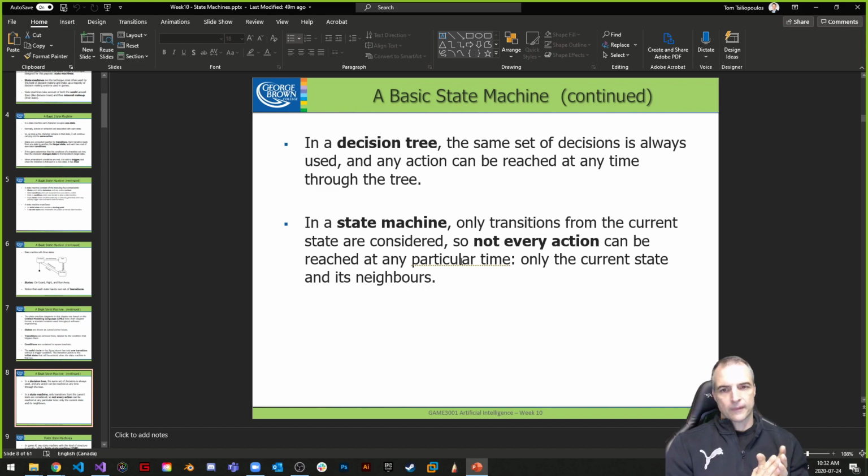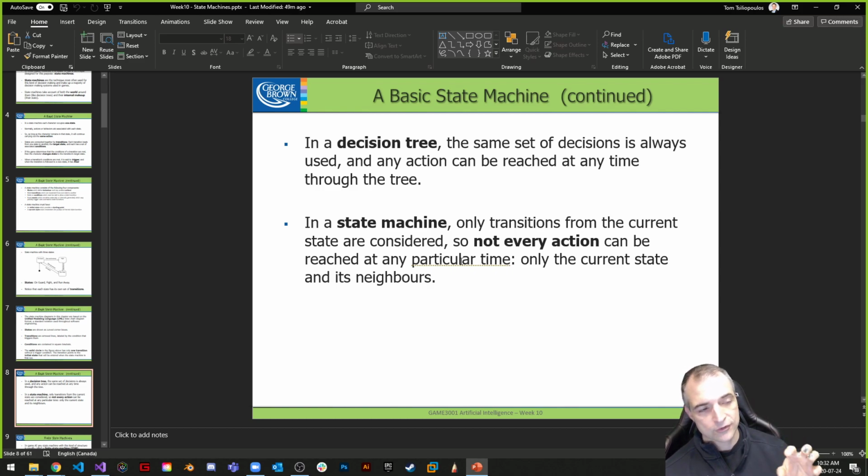A decision tree always uses the same set of decisions, and any action that can be reached in the decision tree can be reached by going through the decision tree. So any actions are available from that decision tree at the beginning of the state. Whereas in state machines, not every action is always available.